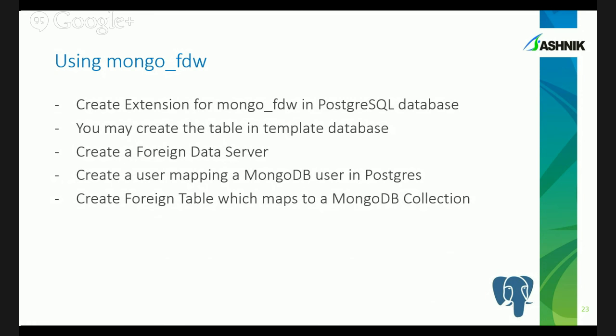So basically, you are creating a synonym or a wrapper over an existing MongoDB user so that you can create connections using that user to the foreign data server. Once the mapping has been created, you can use that to create a foreign table, and this foreign table would map to a MongoDB collection.